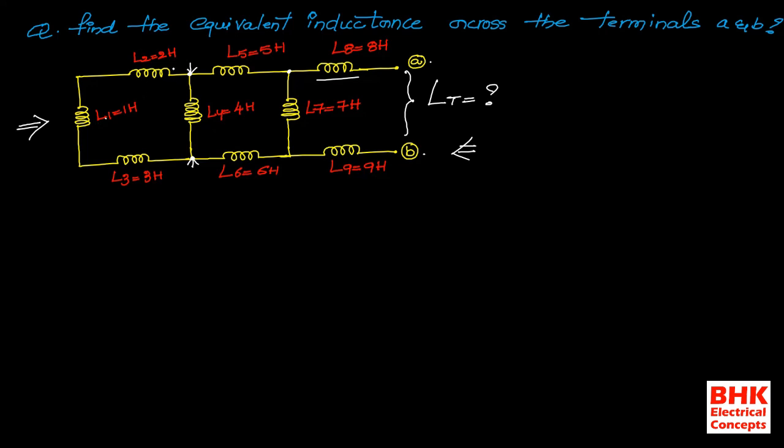So first we need to get the equivalent inductance for this series combination of L1, L2 and L3. After getting the resultant, we need to replace it again in the network. Like this we proceed to find the total inductance across the terminals A and B.